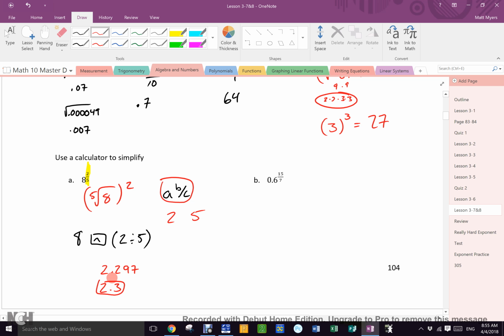Is everybody with me? You guys do the next one. Again, you may use your fraction button or you may have to do 2 divided by 5. What do you get? I'm sorry, what was that, Aiden? 0.334.